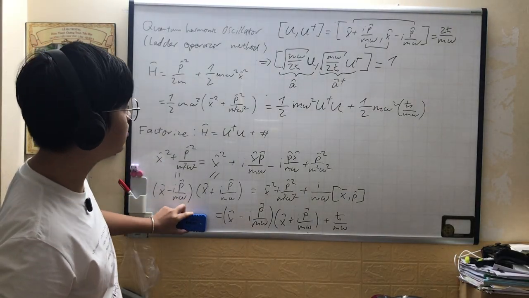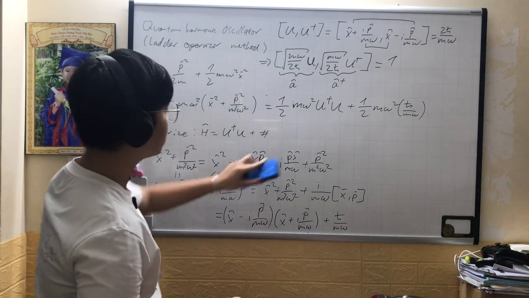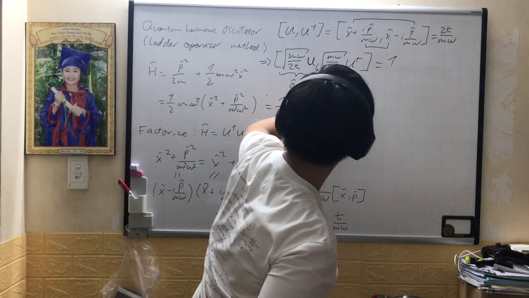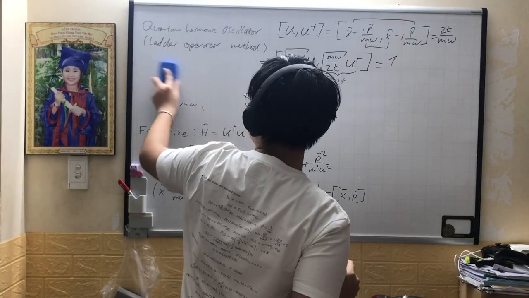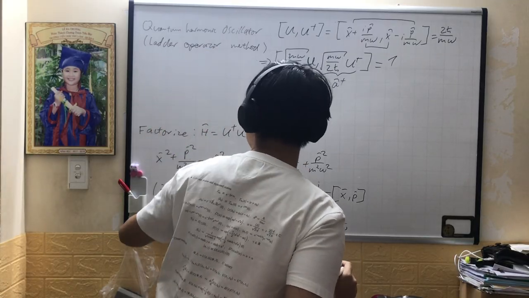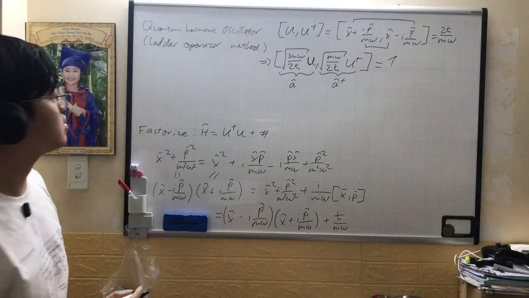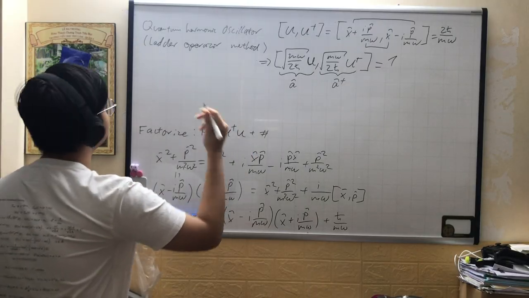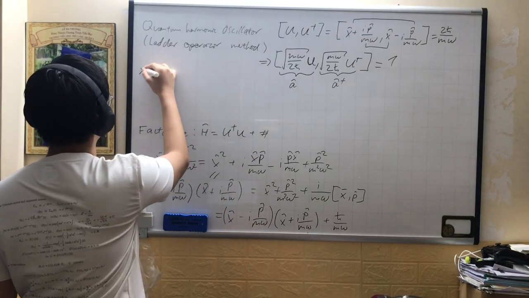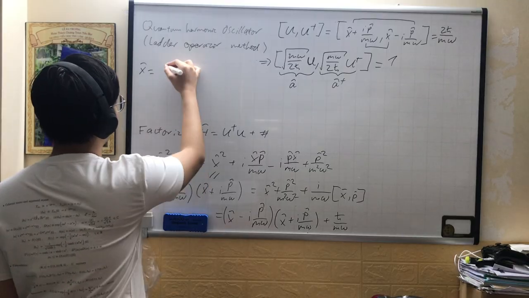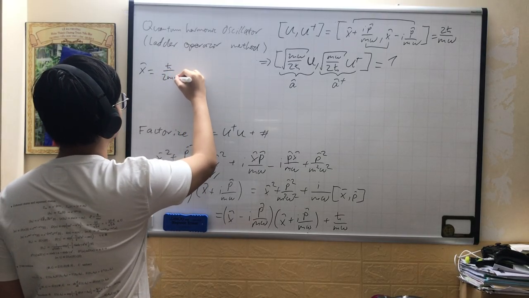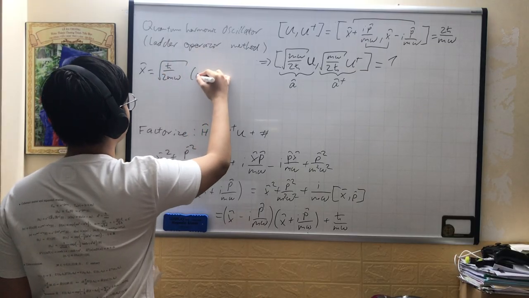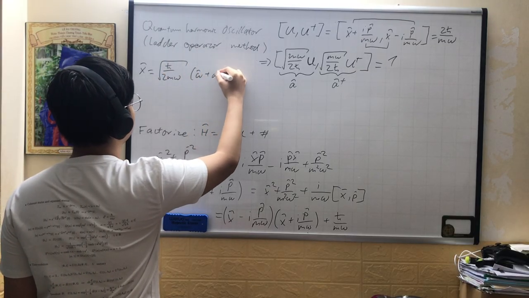Okay, so once you got your new operators, you would want to put your old operators in terms of these new operators. So let's start with x. Our x would be, I think, square root of h bar over 2 m omega, times a plus a dagger.